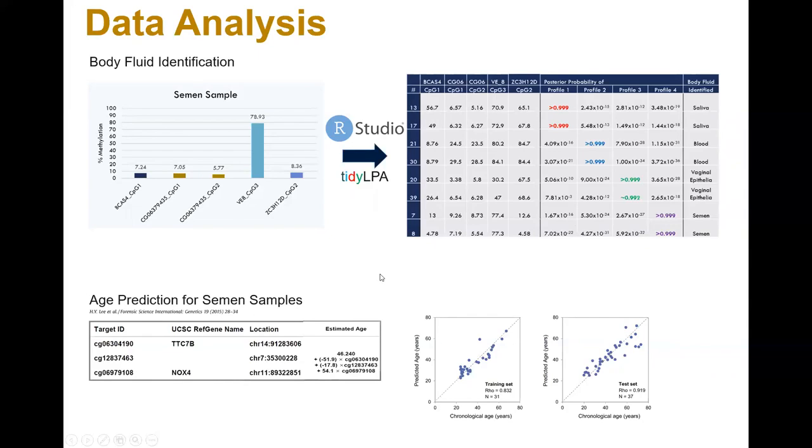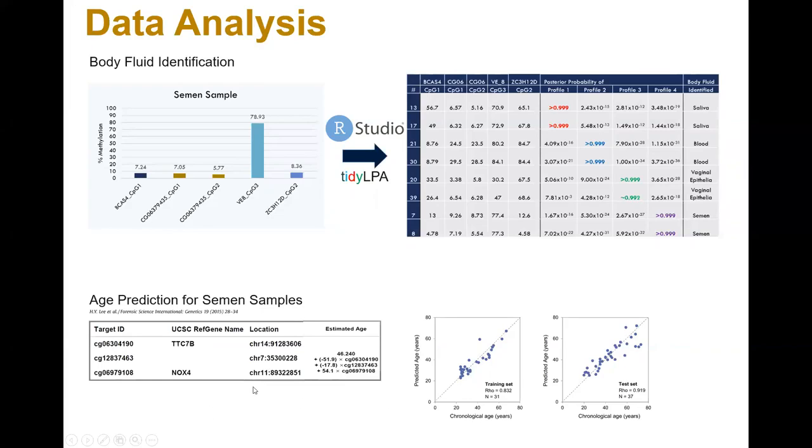Once we know what body fluid we have, we can then take a look at the age prediction models that are specific to that body fluid. For example, from Dr. Lee, one of our collaborators in South Korea, they have an assay that uses just 3 CpG sites.